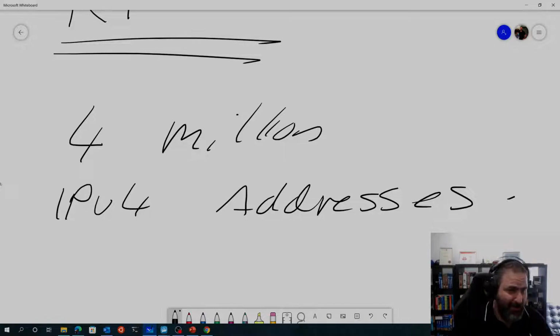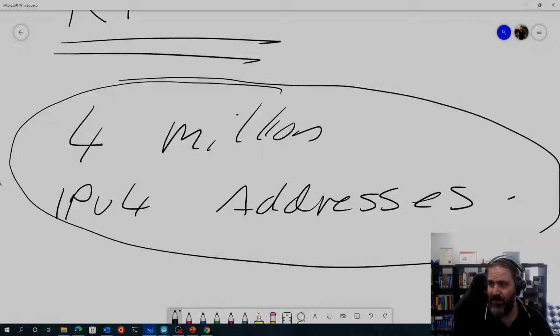Now, at the time in the 70s and 80s, they're like, well, there's only like a couple of 100,000 computers out there in the world. There's maybe 1 million, maybe 2 million, but not all of them are going to be connected to the internet. Well, they realized by the 90s, when the internet took off, when the web took off, that they were going to exhaust that very quickly.